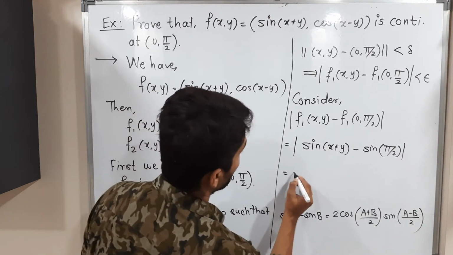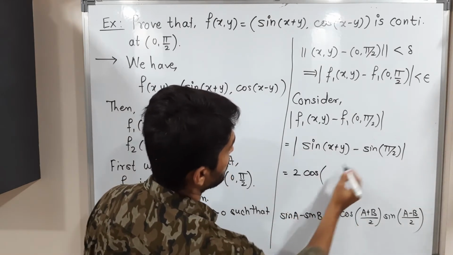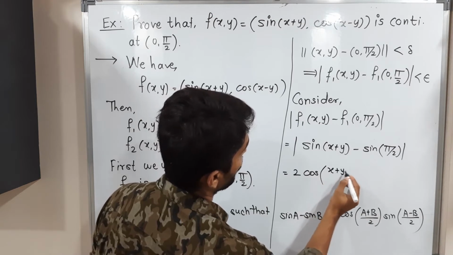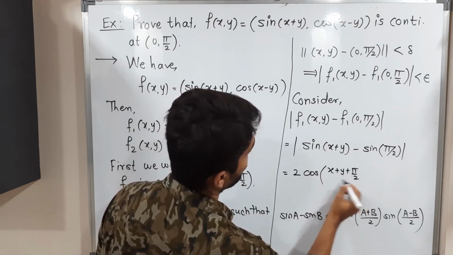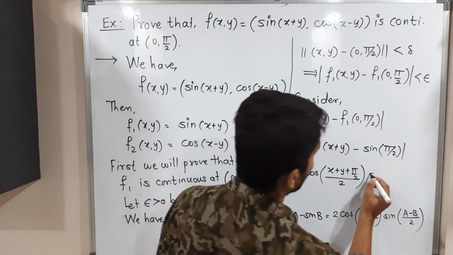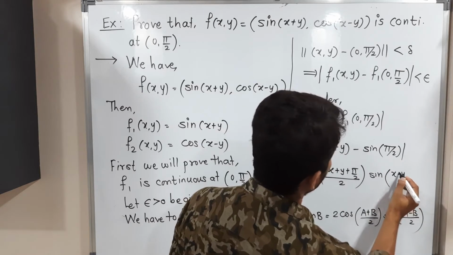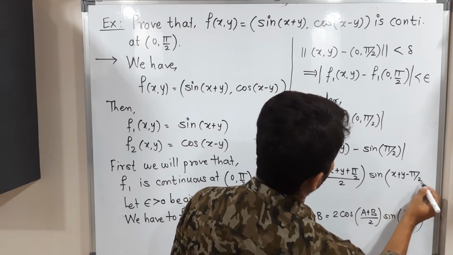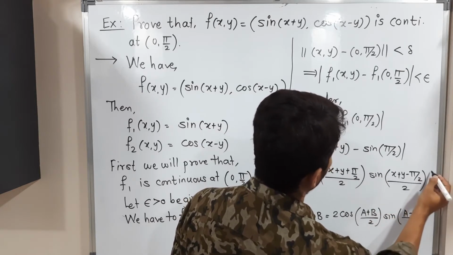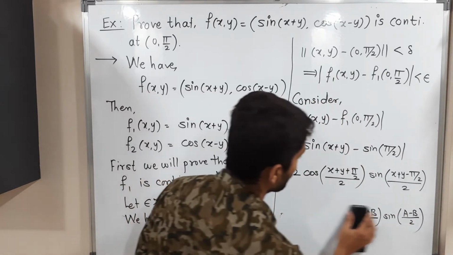So this is equal to 2 cos((x+y+pi/2)/2), adding them, and sin((x+y-pi/2)/2), now subtracting. Okay, so I use the formula.